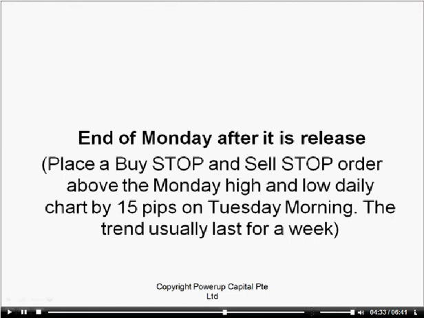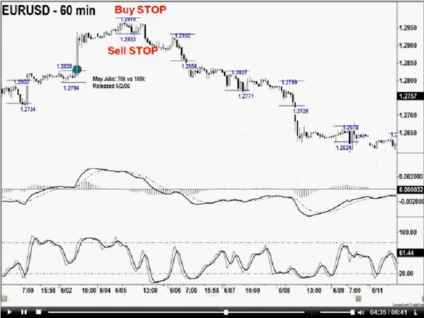Let's take an example. This green circle patch that you can see over here, this is Friday. You can see a long bar. So you ignore Friday because on that day the currency is very volatile. You also ignore Monday.